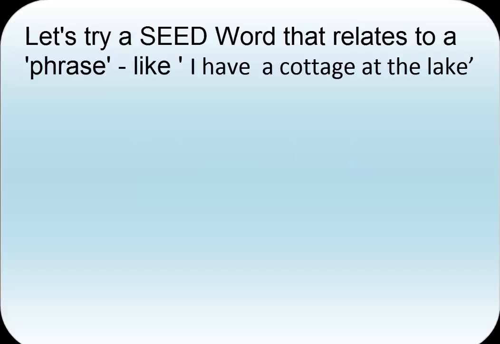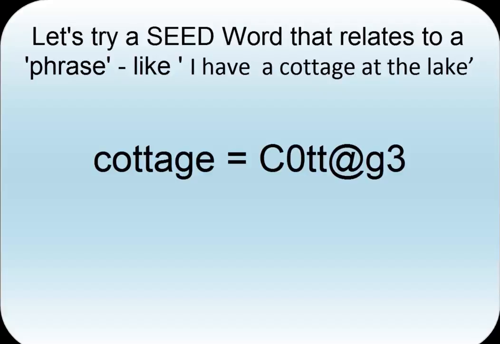Moving on, another seed word might relate to a phrase like, I have a cottage at the lake. Here we might use either cottage or lake as the seed word, where cottage would become capital C, 0, lowercase t, symbol at, lowercase g, 3. Remember where O becomes 0.